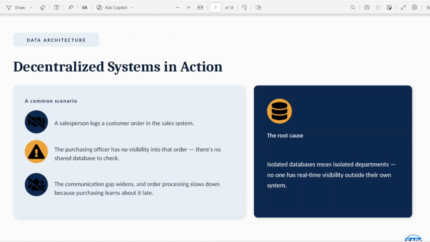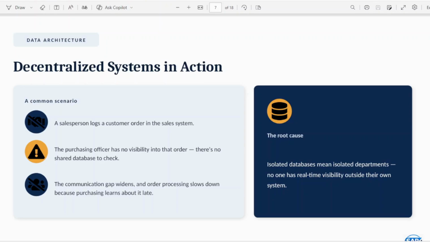When the sales department finally lets the purchasing department know, it will be a long gap of time. So the root cause is that isolated databases mean isolated departments. No one has real-time visibility outside their own system. This was the main issue that led us to the centralized system.